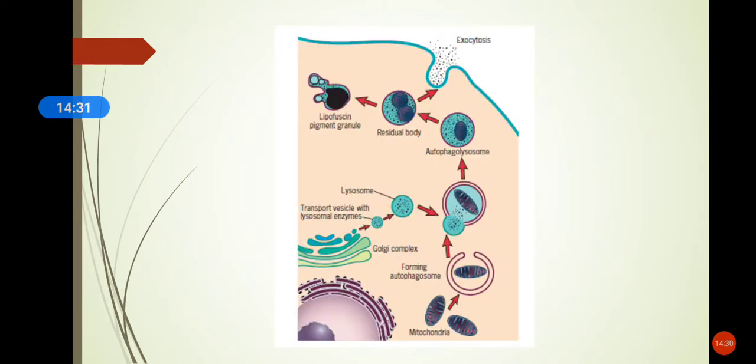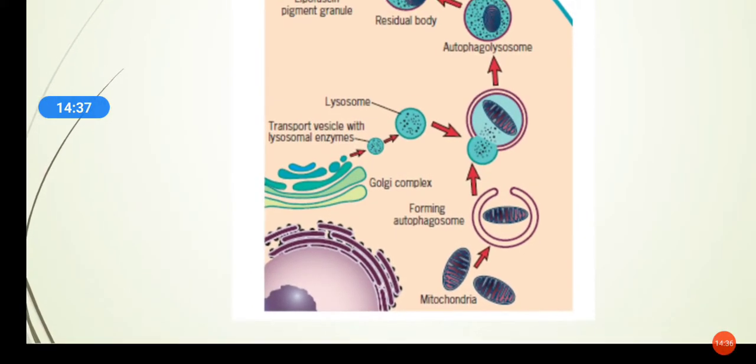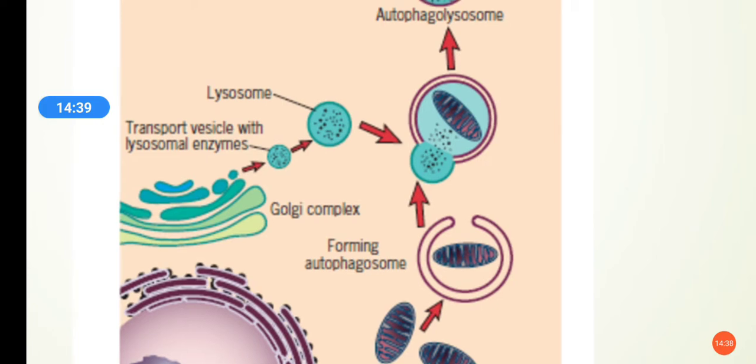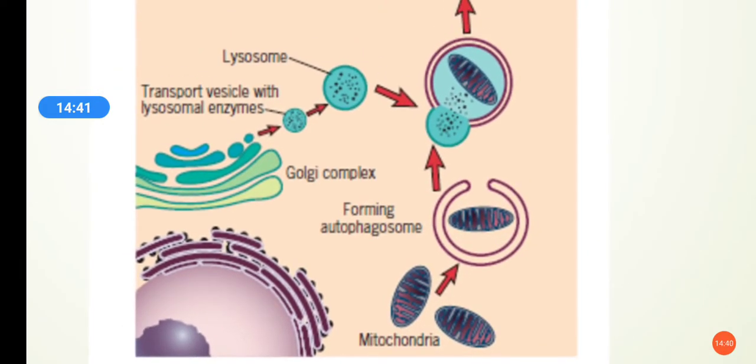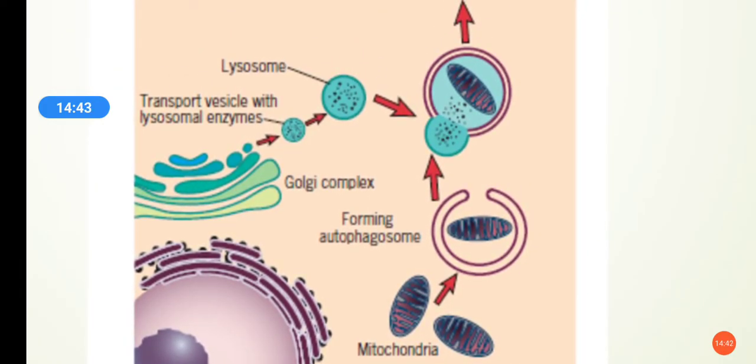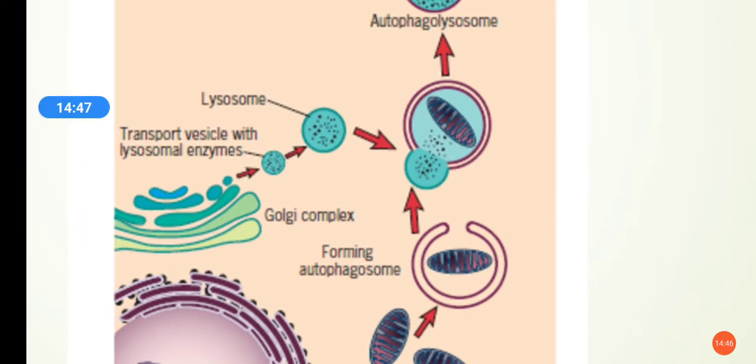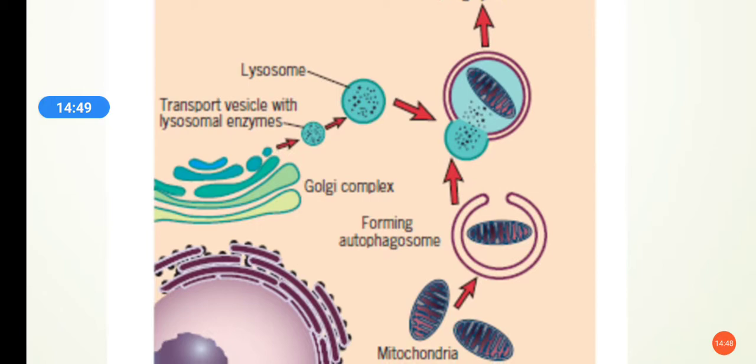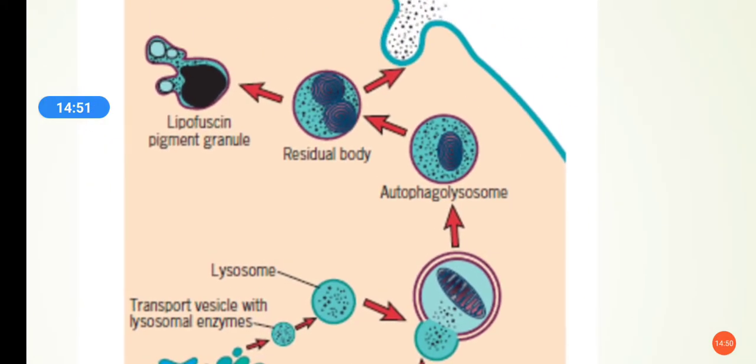Here you can see the figure of autophagy. In this case, mitochondria is digested. First, a membrane from the ER encloses it and forms the autophagosome, and then it fuses with the lysosome and forms the autophagolysosome.